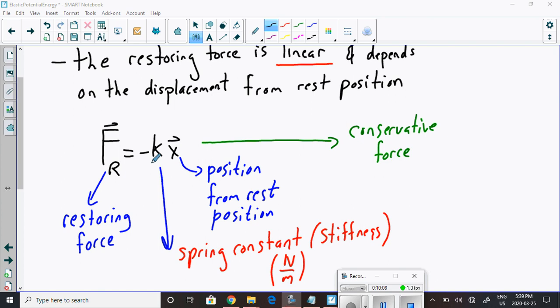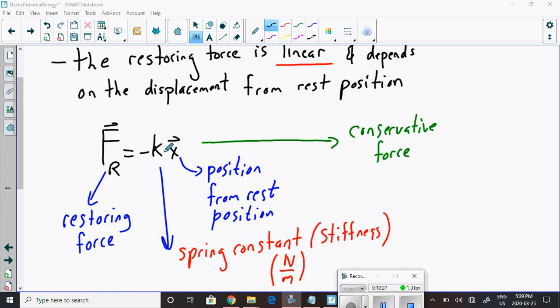But what's really important here is the negative sign. Okay? The restoring force is always in the opposite direction of the displacement. If you have positive displacement for the spring and the object at the end of the spring, the restoring force is in the negative direction.